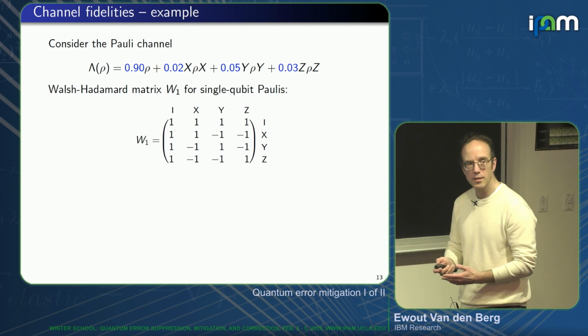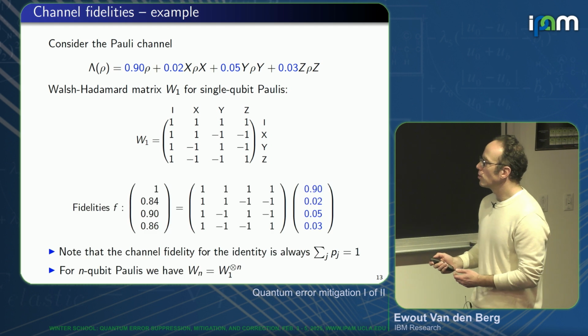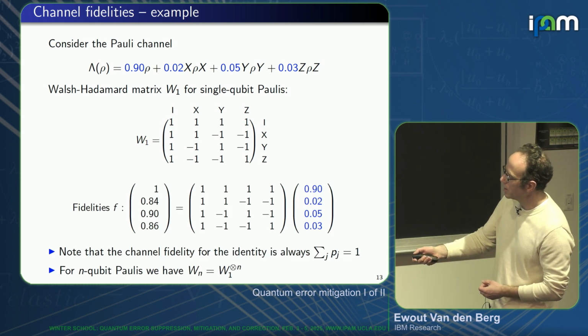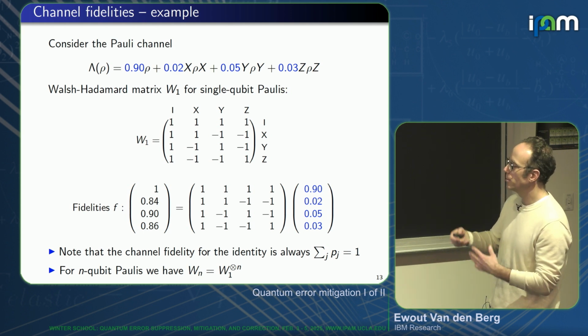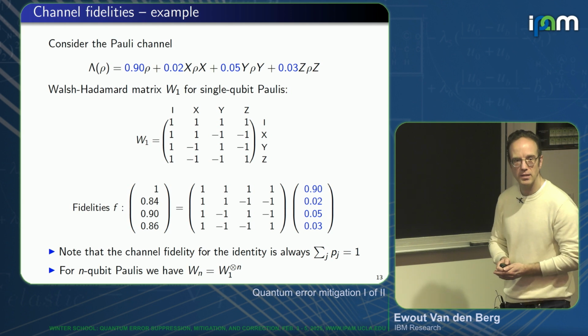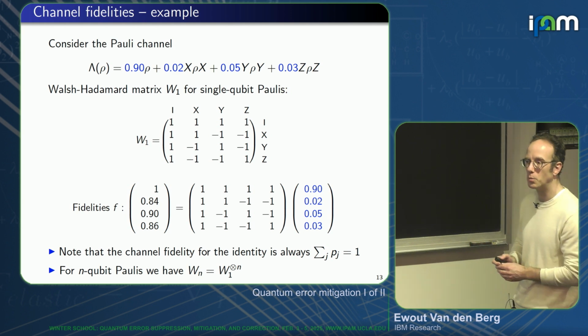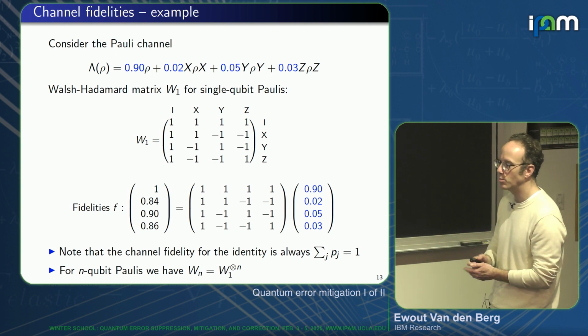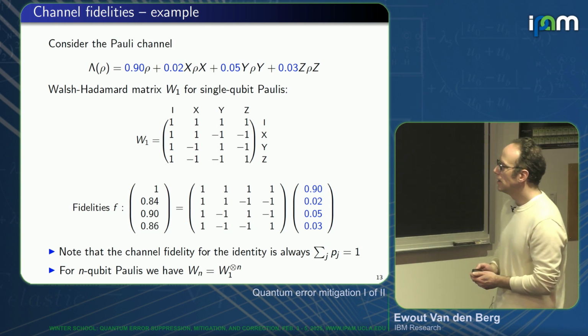That's just -1. So let's multiply this vector, 0.9, 0.2, 0.5, 0.3, times this matrix, and then we get the fidelities. And the fidelity of the identity is always 1, because it's just the summation of the probabilities, which will be 1.